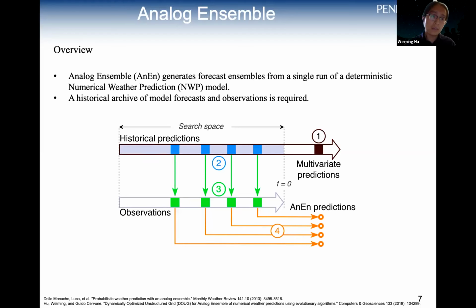So analog ensemble requires a historical archive of model forecasts and the observations. The figure below shows you a schematic of how analog ensemble works.